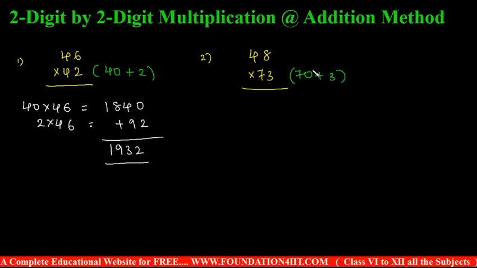First we take the 70 and internally multiply with 48. 70 into 48, you already practiced in previous chapters. 7 into 48 is 7 into 40 plus 7 into 8. That concept you apply with an extra 0. So 336 will come, and then the 0 because 0 is there.